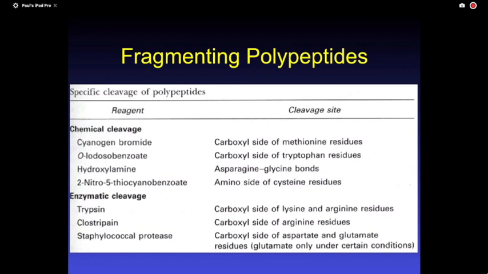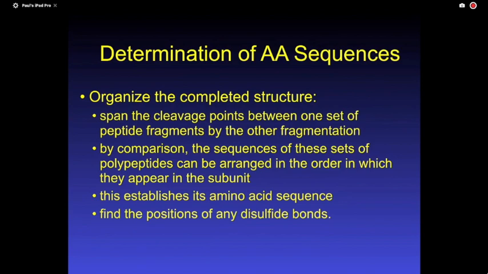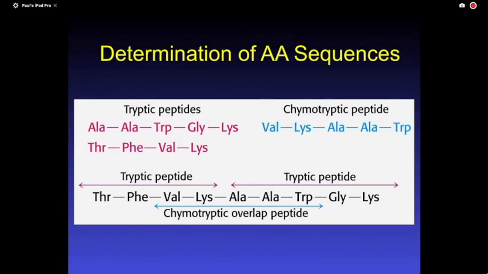Once you have two separate sets of data, all the sequencing from one cleavage point and all the sequencing from a second cleavage point, then you can use overlap. This is a wonderful technique for computers to do, although way back before computers you had to do this manually. You can see a chymotrypsin peptide has valine, lysine, alanine, tryptophan.